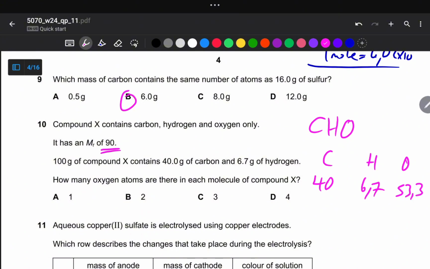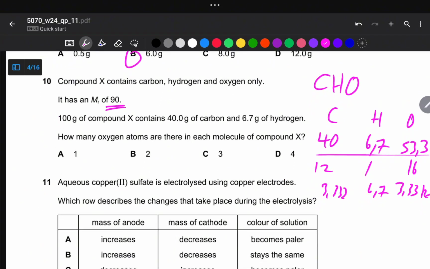So it's 53.3. To calculate the empirical formula, we then divide by the relative atomic mass. So we divide by 16 here, by 1 here, and by 12 here. 53.3 divided by 16 is 3.33125, then 6.7 divided by 1 is 6.7, and then 40 divided by 12 is 3.333, a recurring decimal.